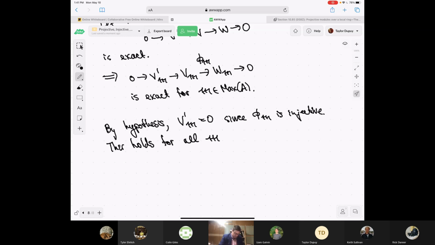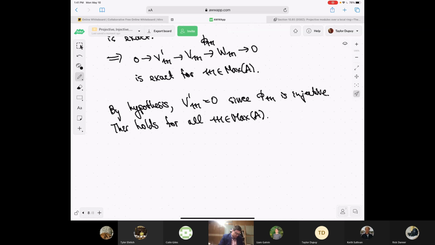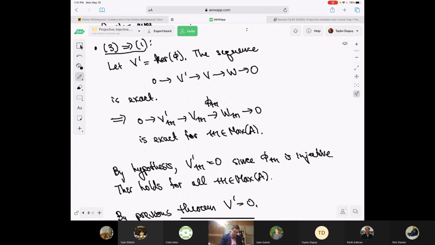All maximal ideals. So this implies that, by the previous theorem, we're going to have that v prime is 0. And that's the same thing as this map having kernel 0.